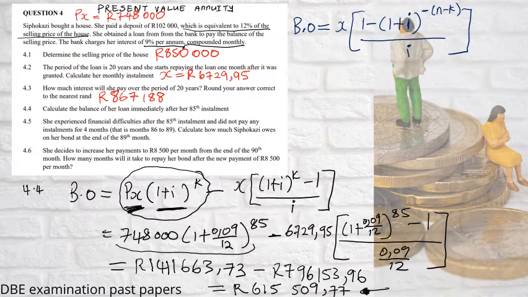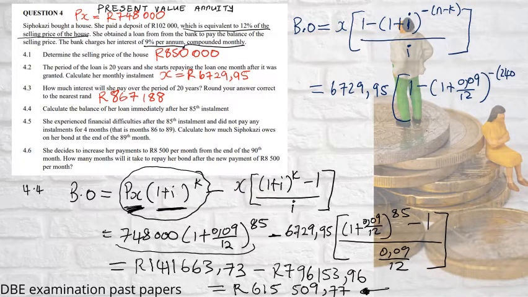X is the fixed repayment, 6,729.95, into 1 minus 1 plus 0.09 over 12, exponent minus, and our n was 240 minus 85 because the person has already made 85 installments, divided by i, 0.09 over 12, right?